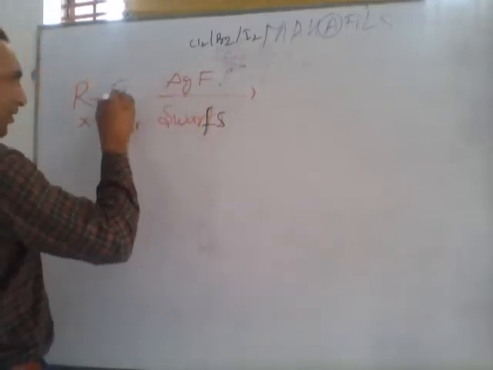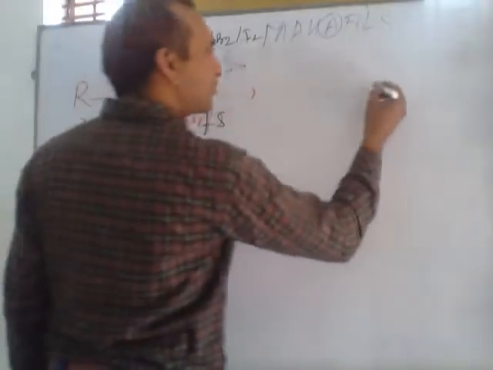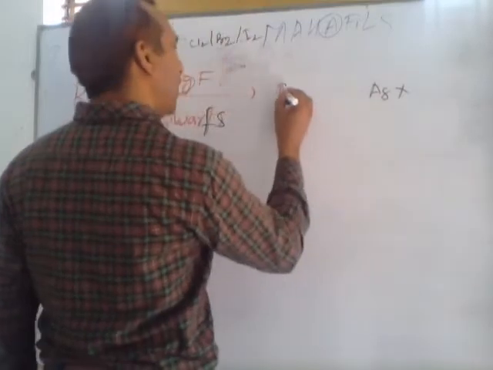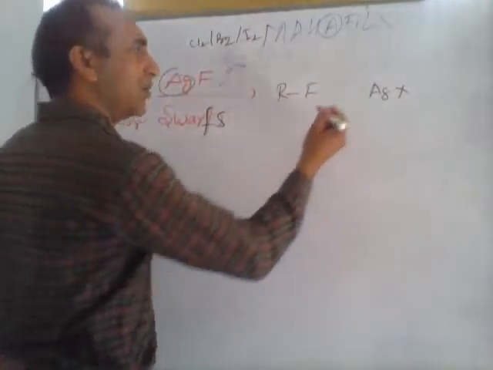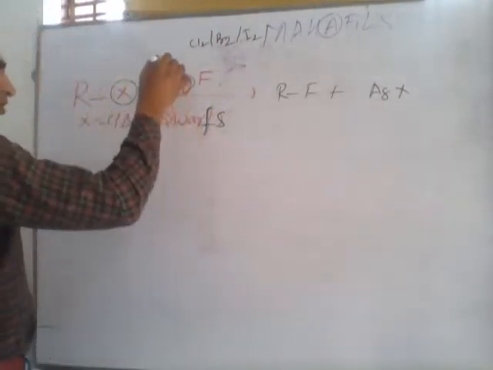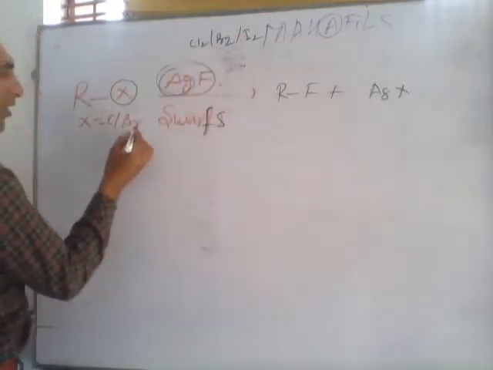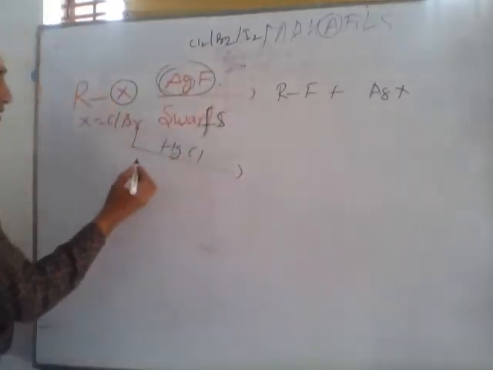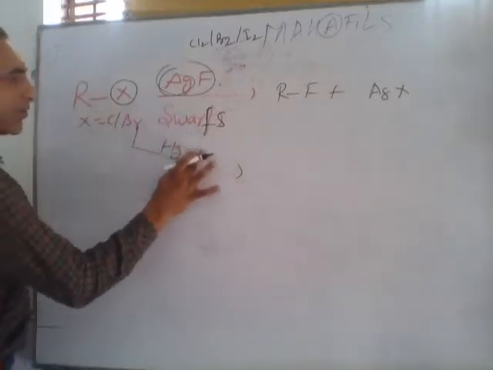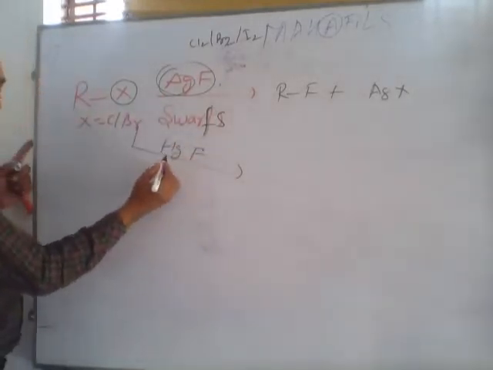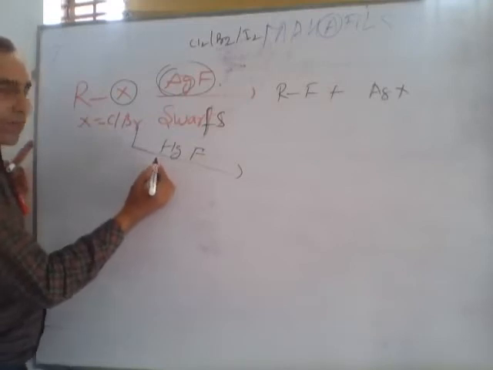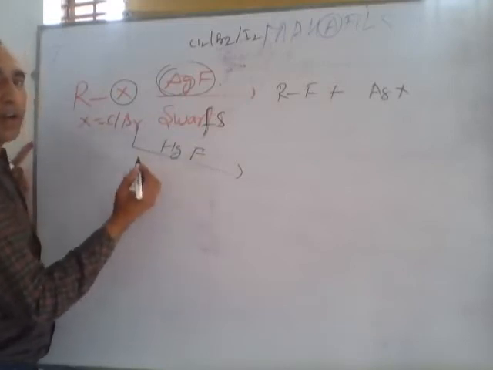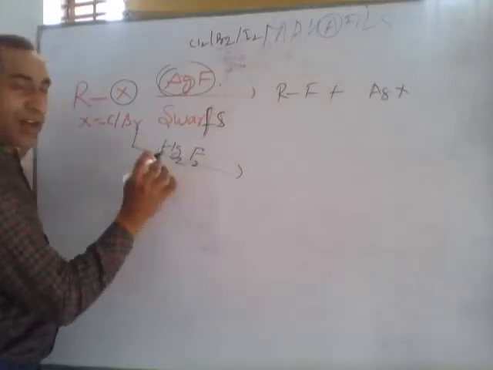After AgF, RF is formed along with AgX. Instead of AgF, we can also use Hg2F2, called mercurous fluoride, which exists in dimer form.